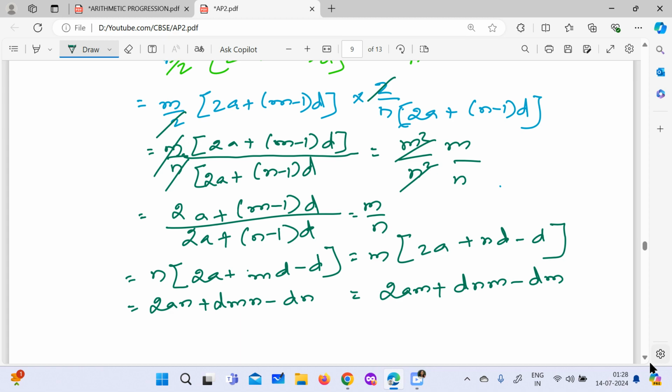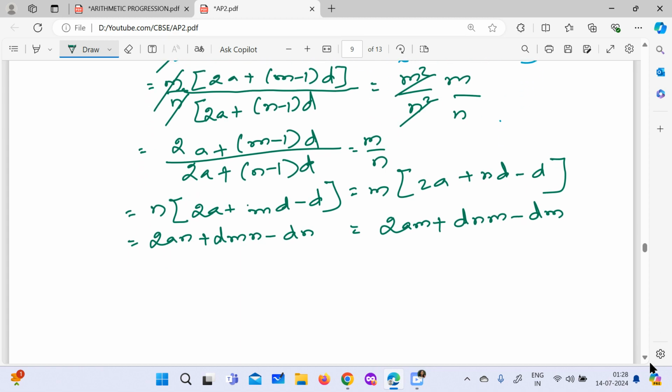We can solve it further. We will bring them to one side. We bring all the 2a's to one side and we leave all the d's on the other side. So here you will have 2an minus 2am, and then we can shift everything here.